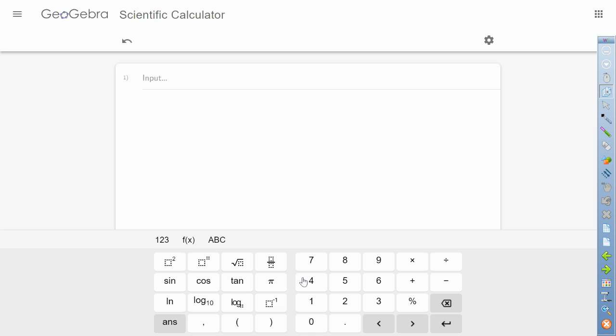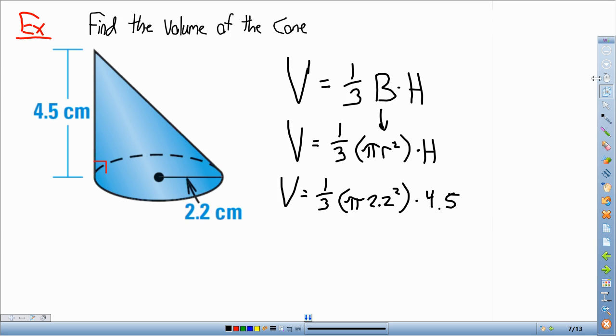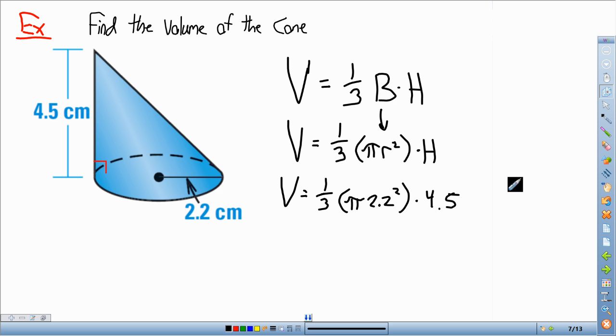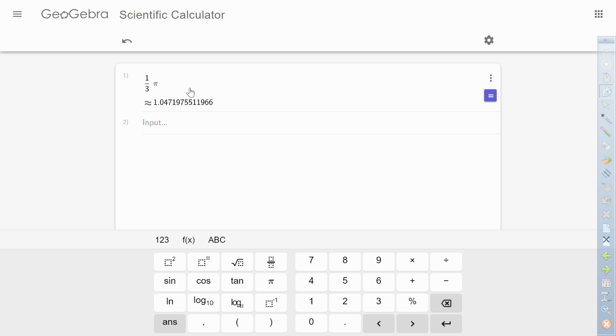So 1/3, move my cursor, times pi, 2.2 squared. Oops, I went back. Just make sure your cursor's in the right spot. So 2.2 squared, and then times the height of the whole thing, which was 4.5.